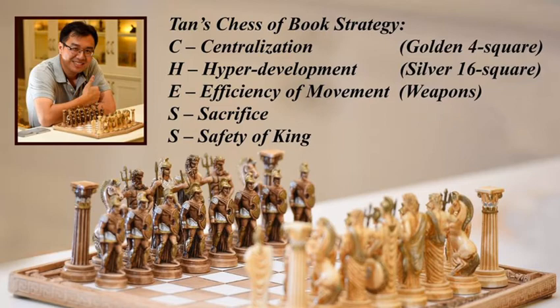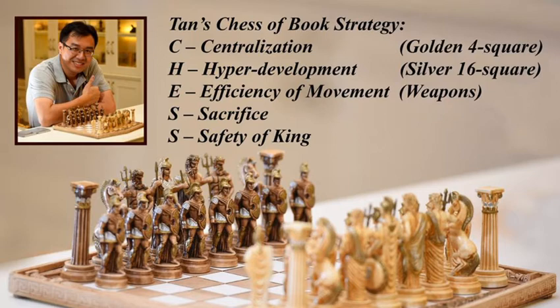The next is the E, which stands for efficiency of movement, which means the movement of your rook, knight, and bishop. These 3 can be categorized as your weapons, and they bring you towards checkmating your opponent's king.